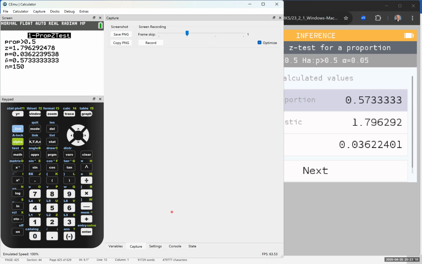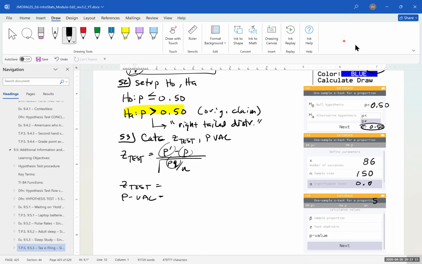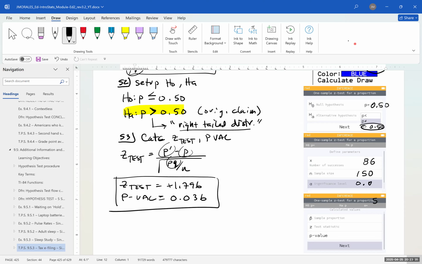All right, so let's go ahead and record that. So a z-test statistic of a positive 1.796 and a p-value of 0.036. Okay, and this is going to be a right-tailed distribution. Positive 1.796 and 0.036.